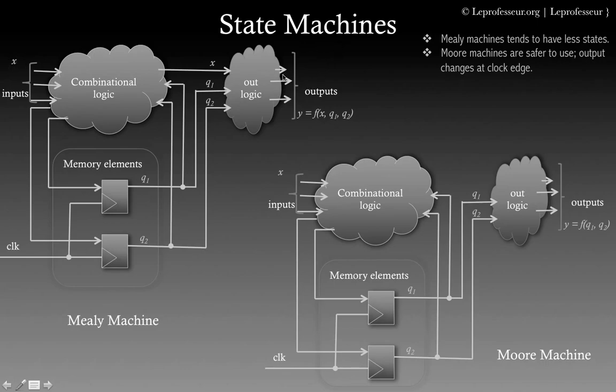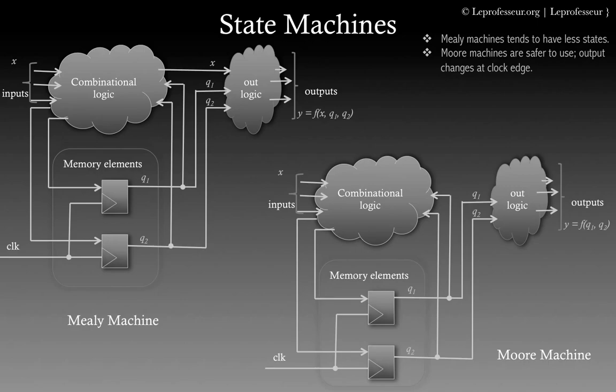So you need to make sure that your output doesn't have any glitch if you're sending this output to another block which is running at a different clock, or in general if you are using the output as a feedback to the circuit. So you must synchronize before using it, otherwise the glitch will propagate and your circuit will not work. So in different situations you may make use of these state machines.